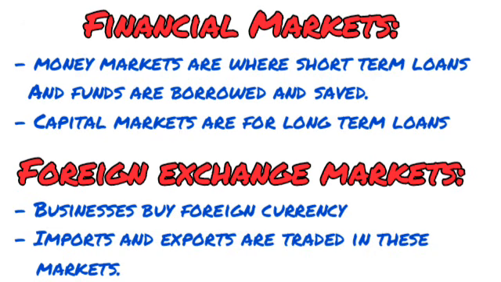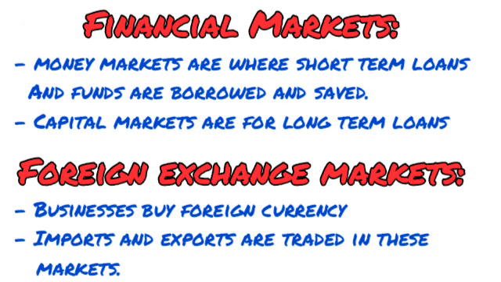And then we also have the foreign exchange markets. The first thing that happens in the foreign exchange market is that businesses have to buy foreign currency. Why do they have to buy foreign currency? Because when you want to import goods into the country, let's say you're trying to buy coffee beans from Rwanda, you would have to buy them from a business in Rwanda.